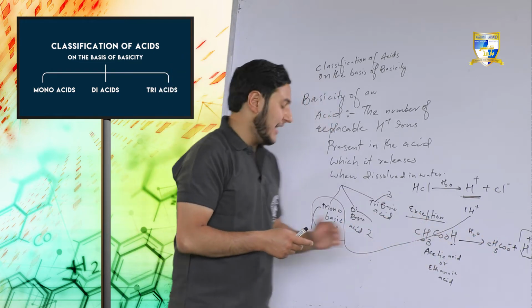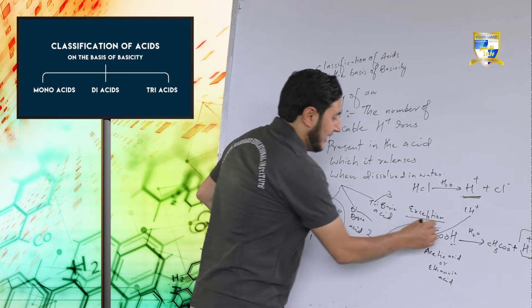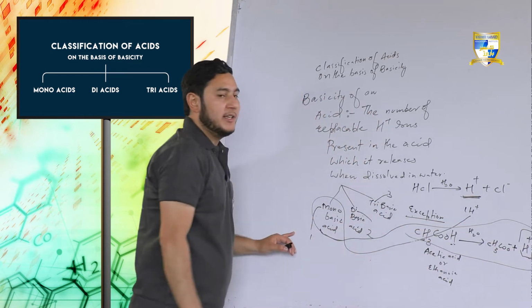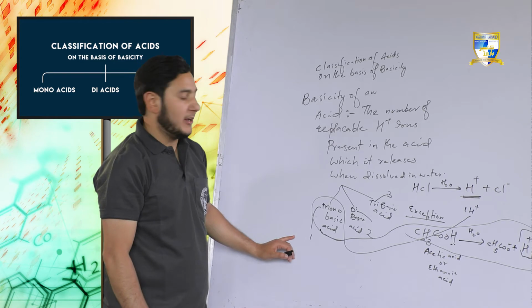So this is a monobasic acid. I am repeating, CH3COOH is a monobasic acid, not a polybasic acid.